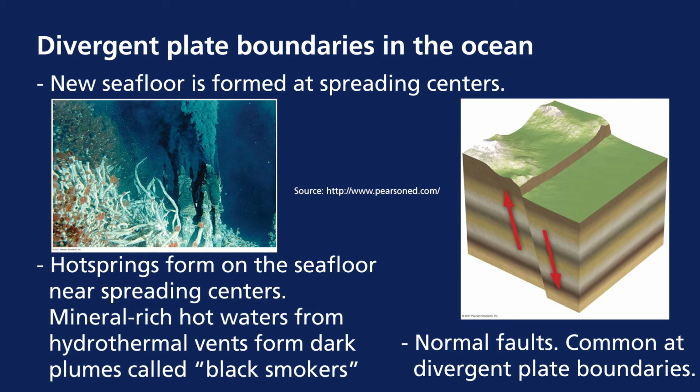And these form very mineral-rich hot spring waters and hydrothermal vents, which are also called black smokers, because of the rich amount of nutrients coming upward. As you remember, the mantle has significantly higher concentrations of certain elements such as iron and nickel, and these give the black smokers their black color.